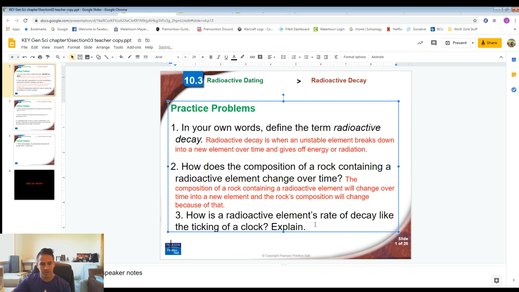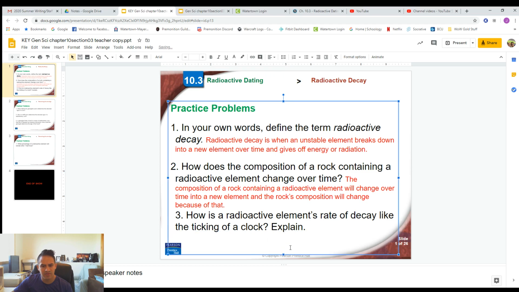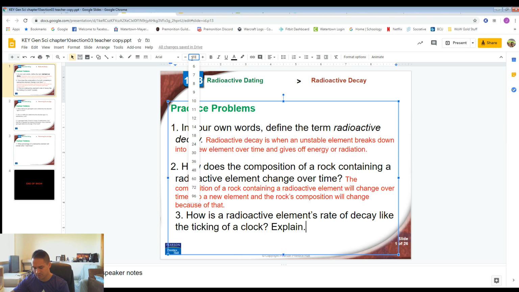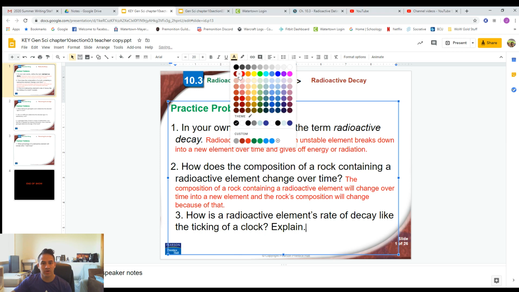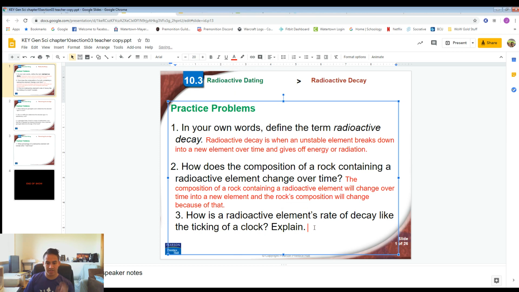All right, number 3. See if we have enough space here to answer this one. It says, how is a radioactive element's rate of decay like the ticking of a clock? Explain. All right, so remember that when elements that are radioactive break down, they do so at a set rate, right? Just like a clock is constantly ticking at a set rate as well.